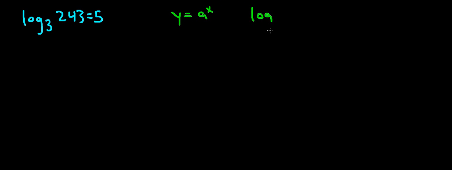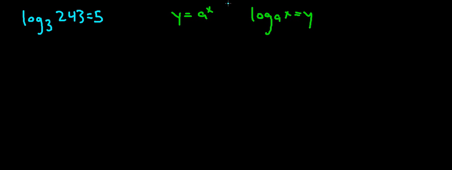Suppose I have log base 3 of 243 is equal to 5. And I want to convert this to exponential form. So I have logarithmic form and I want to convert it to exponential form.